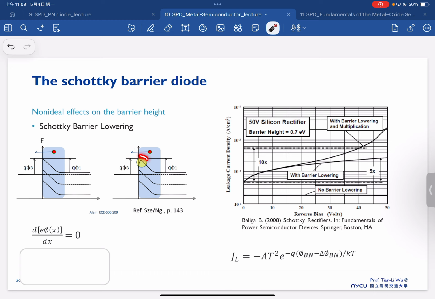You can see the barrier here is reduced. That's our delta phi_b. That's why we call this phenomenon the Schottky barrier lowering effect.